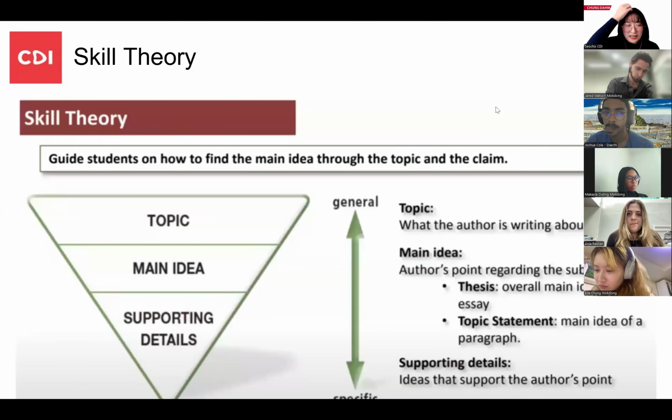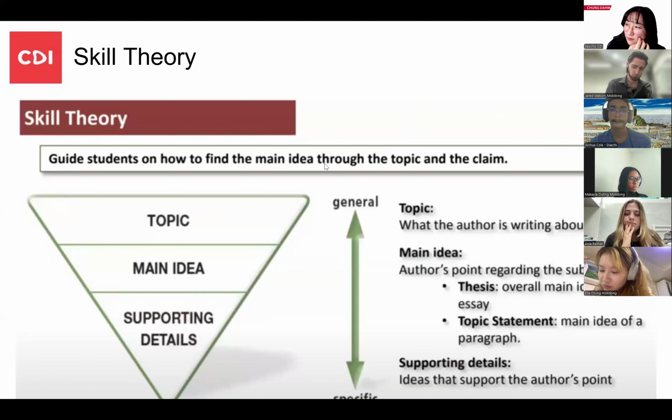Okay, so like I briefly talked about earlier, this is the skill theory page. As you can see, it's very similar to the Cheongdam pizza. So I actually use the same source of markings that I use in my annotations for C1 in this class. So you might see topic, then I would draw a box around it because that's how I've been doing it in my C1 class.